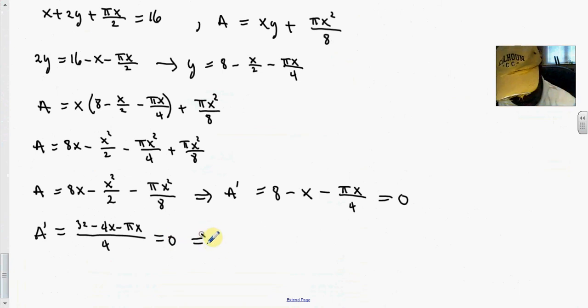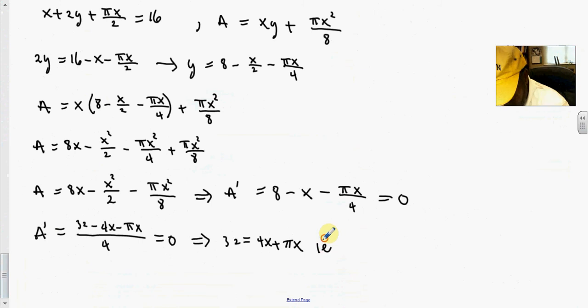Set that equal to 0 now. So this implies that we have 32 equal to 4x plus pi x. And that is, 32 is equal to x times 4 plus pi.